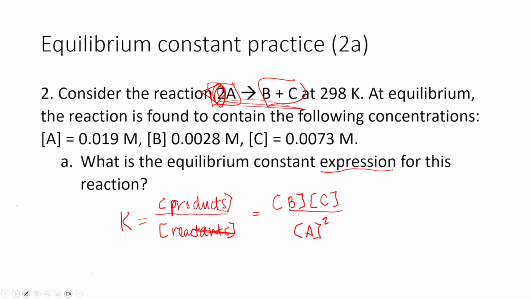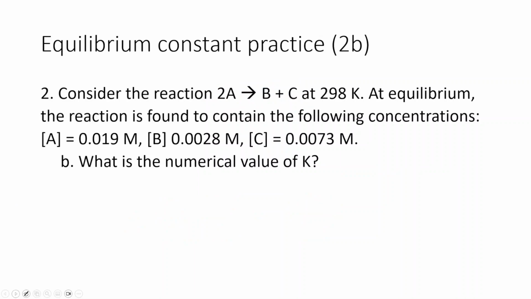All right, so now that we figured out the expression for K, let's figure out the numerical value of K. So what would I fill in there? We have the concentration of B times the concentration of C, divided by the concentration of A squared.